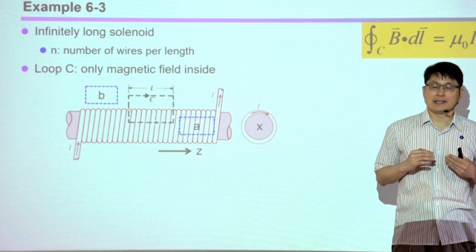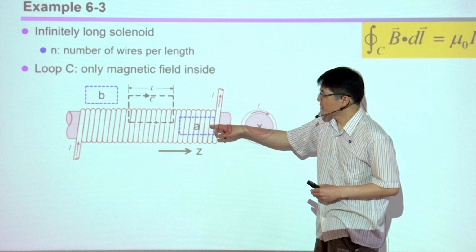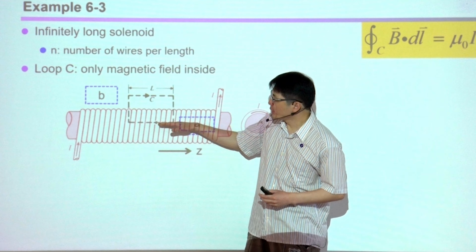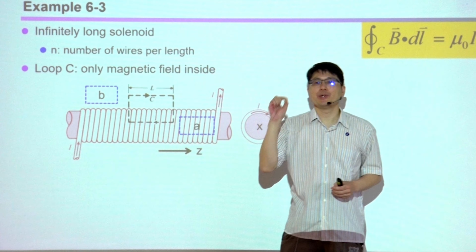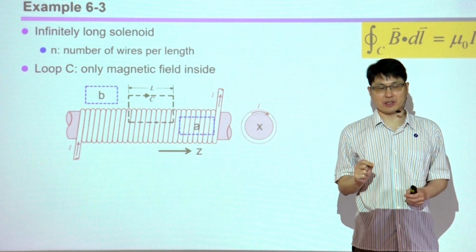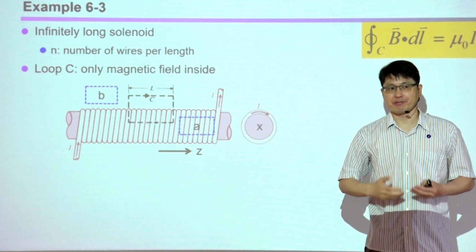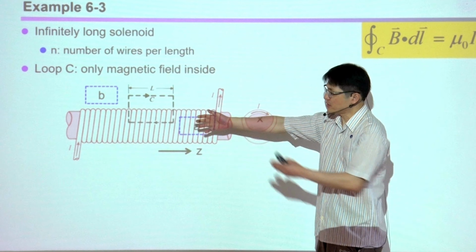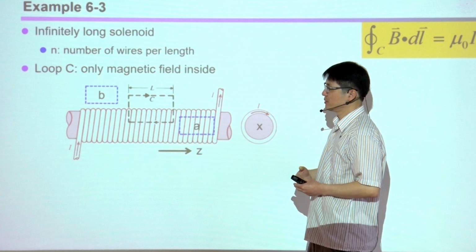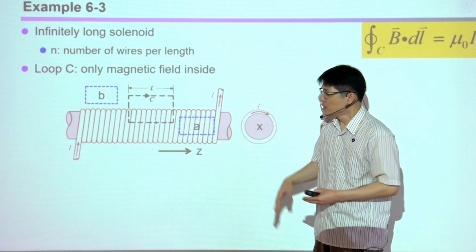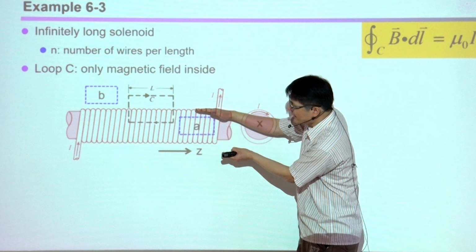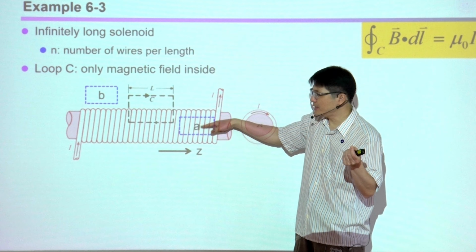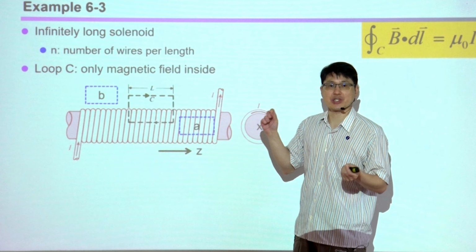So to me, the necessity of closed loop A and B is so important because before you use closed loop C, you have to have prior knowledge of what type of field distribution you're dealing with. In this case, because the solenoid is so long, the length is infinite, therefore the field inside is constant, not position dependent.